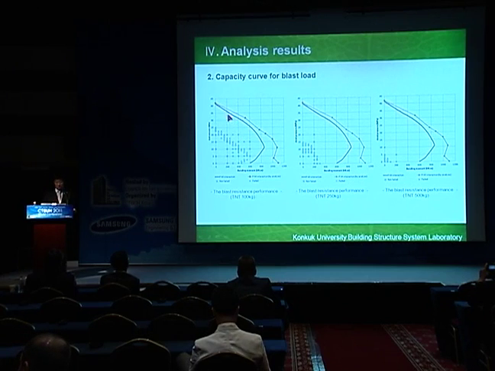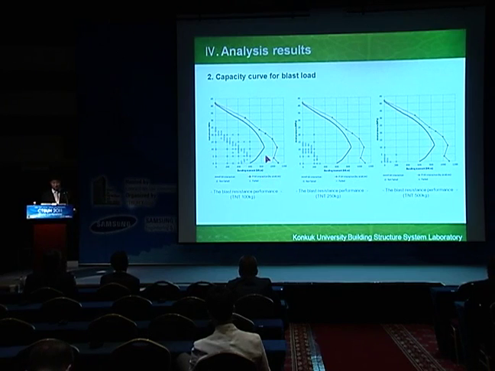So the initial condition, due to bending moment as well as axial force, determines whether the column would fail or not. So we have to consider bending moment as well as axial force.